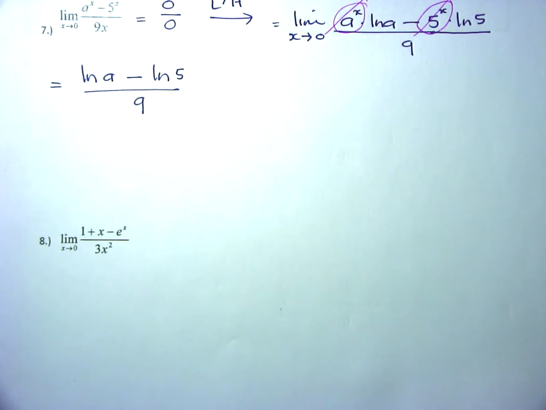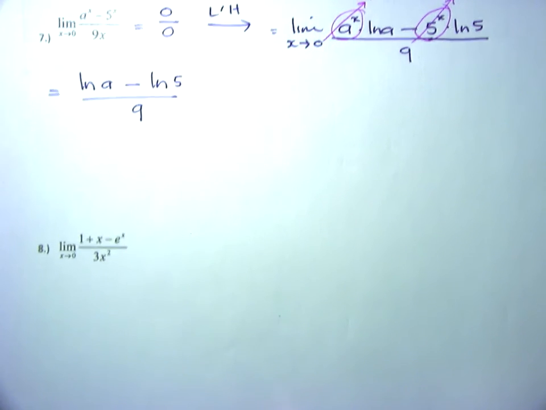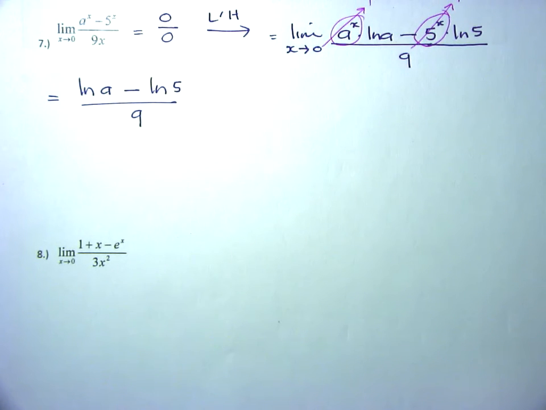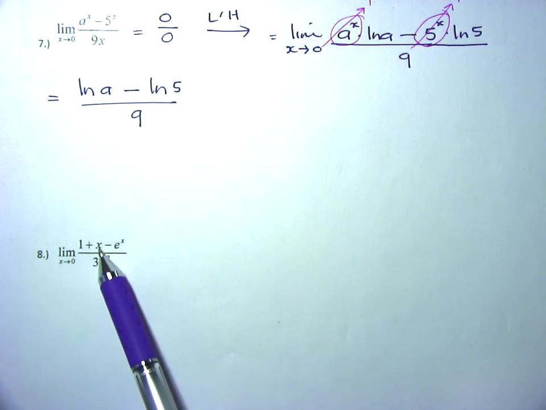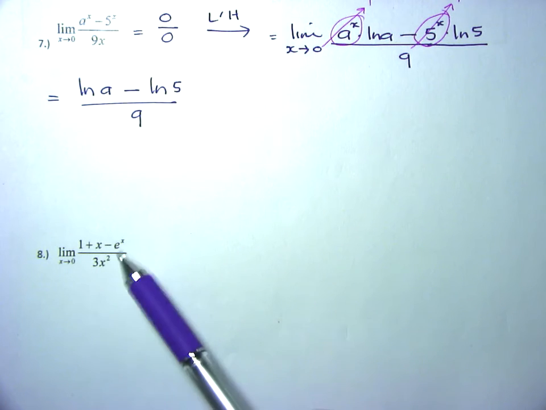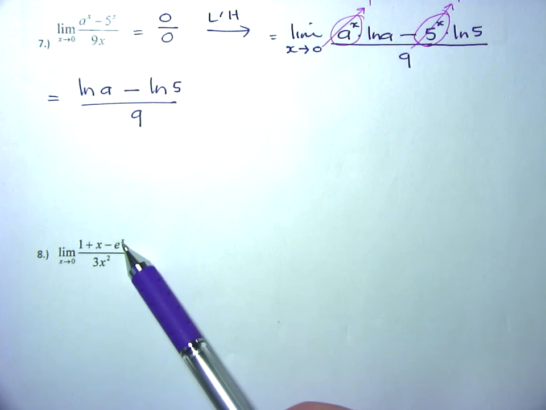All right, problem number 8. We have the limit as x approaches 0 of 1 plus x minus e raised to the power x, divided by 3x squared. All right, again, let's see what happens when we plug in 0 for x. I will have 1 plus 0 minus e raised to the power 0, which is equal to 1.